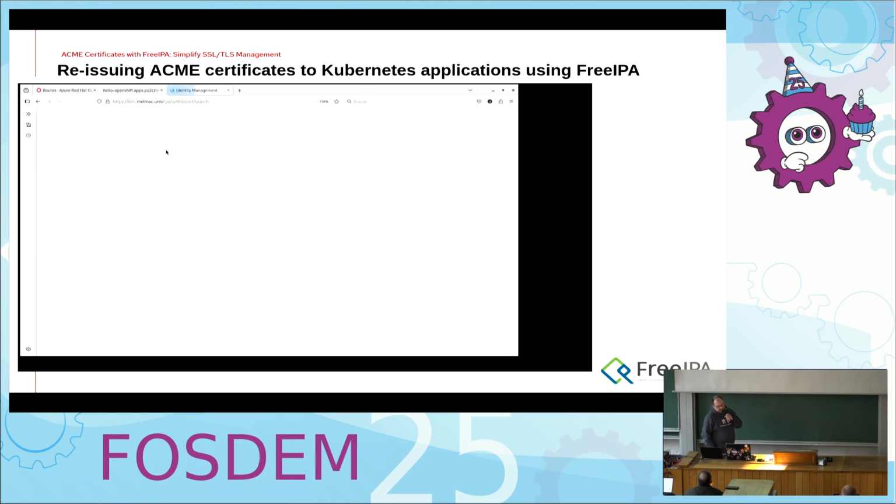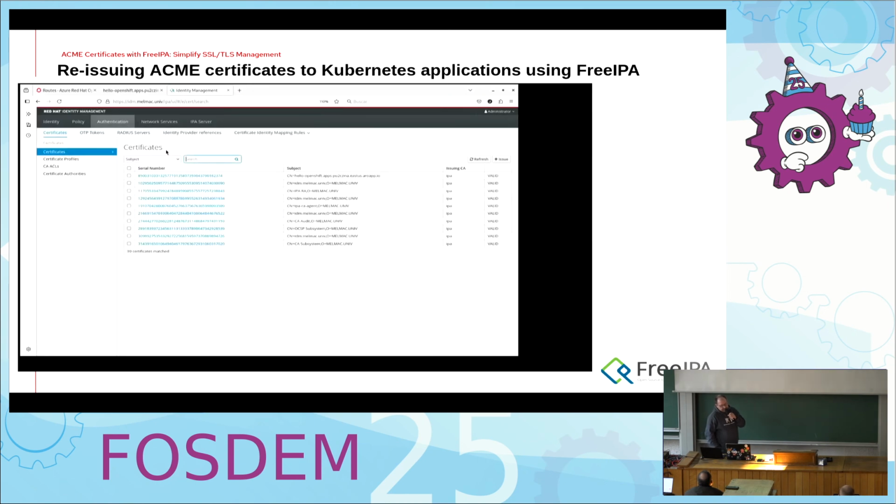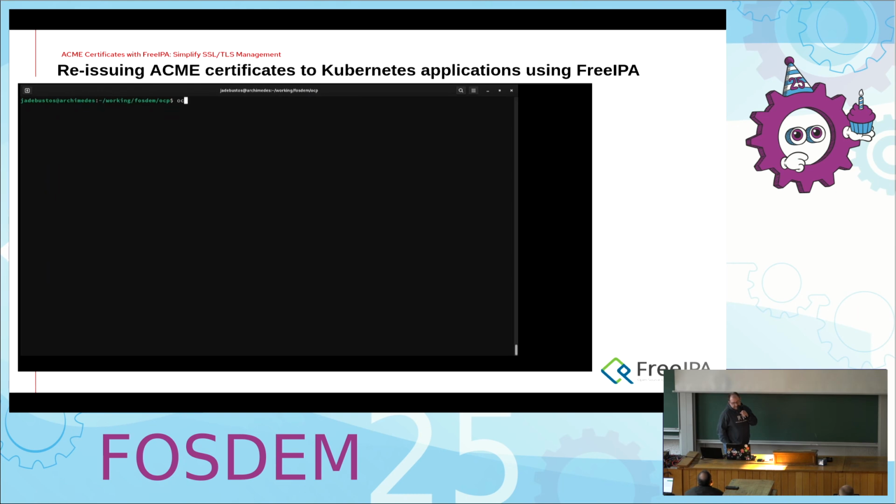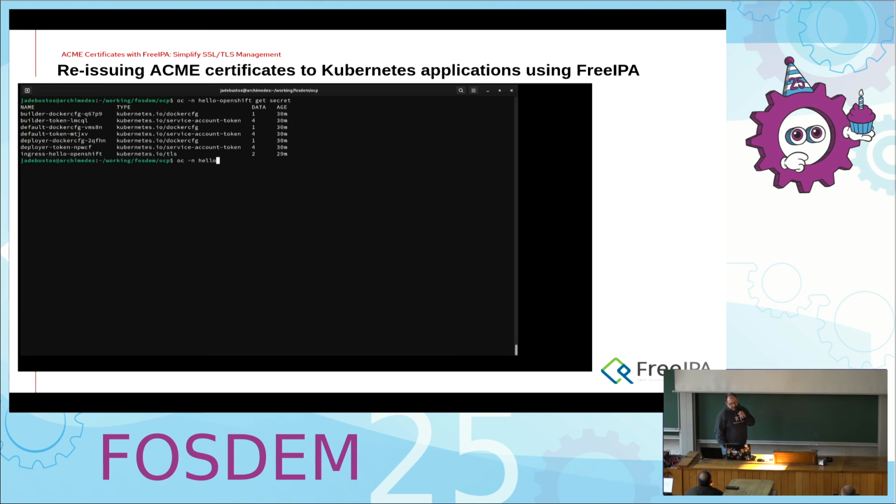We have the certificates, only one. Now we're going to get the secrets from the application to delete it. Now we're going to delete the secret. That triggers an event, and the cert-manager operator checks that the secret is missing, so it's going to request a new certificate for the application.